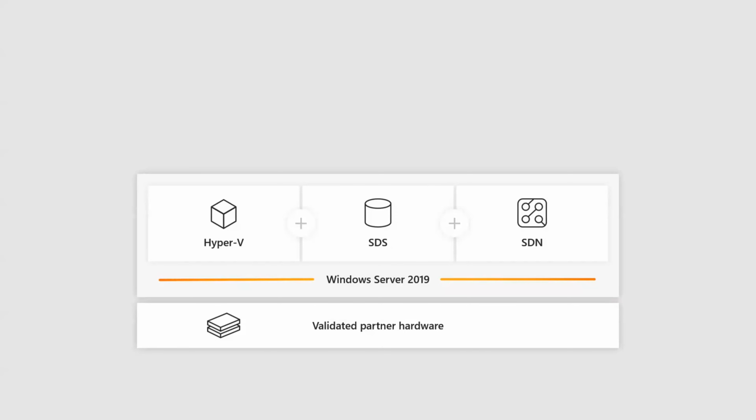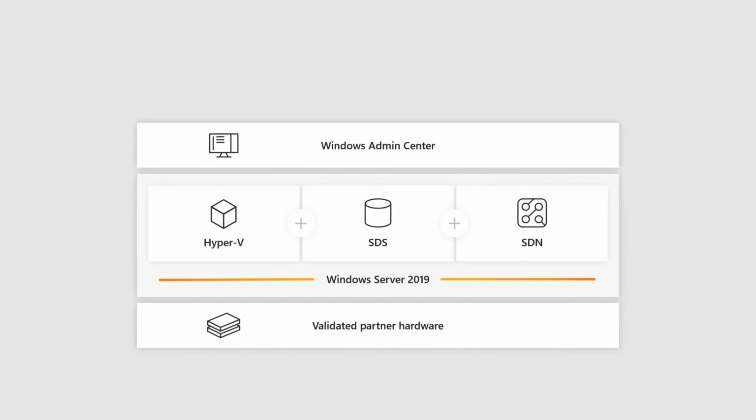Then we have incorporated the hyperconverged software, which consists of Hyper-V as the hypervisor for compute, Storage Spaces Direct, which is our software-defined storage, and SDN, software-defined networking. All three components are included in Windows Server 2019 and onwards. And it is a bare metal hypervisor stack, the HCI stack.